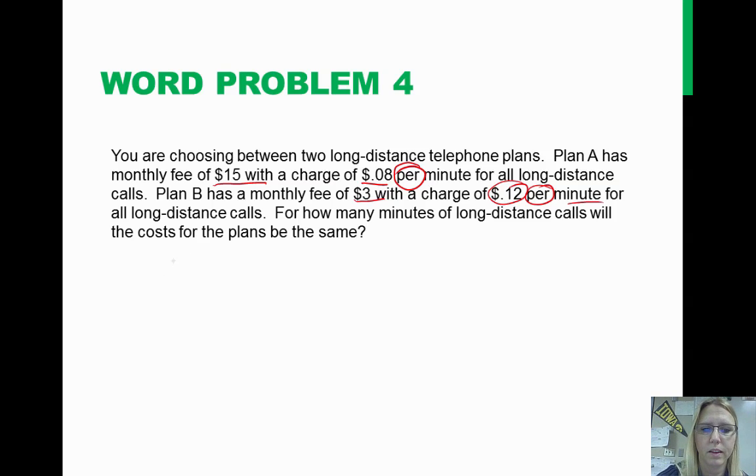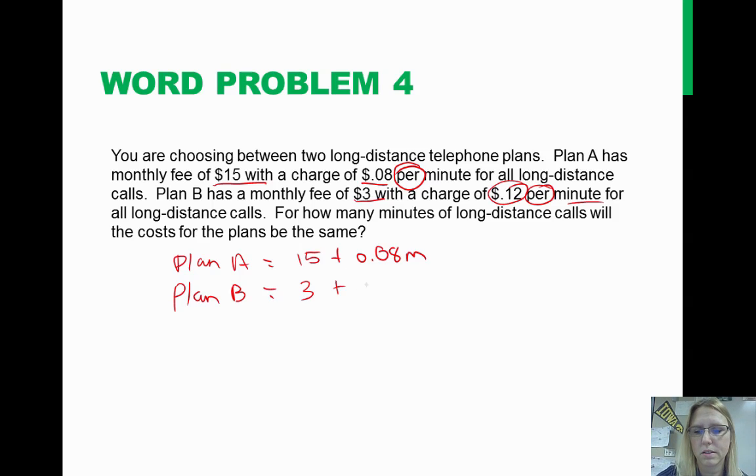Plan A equals 15 plus 0.08 M. Plan B is $3 plus 0.12 M. We want to know when will the plans be the same.